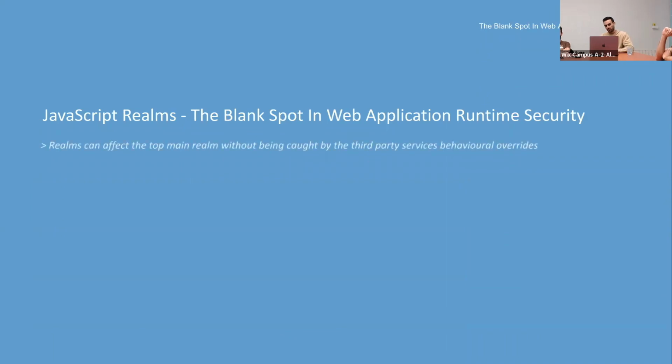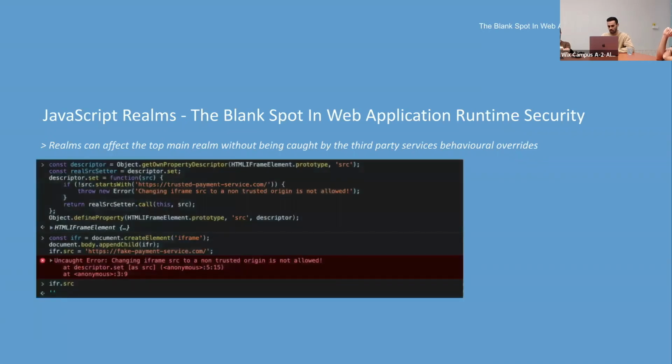Now, the second example that I'm worried about is how an iframe can manipulate the top main realm using functionality from within, based on the fact that the inner functionality was not overridden by the third-party service. So let's examine that as well. This is a new example. In this example, you can see that we want to include a trusted payment service in our application.